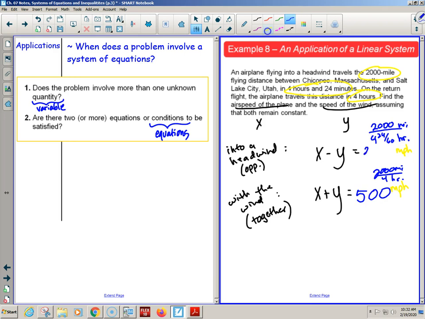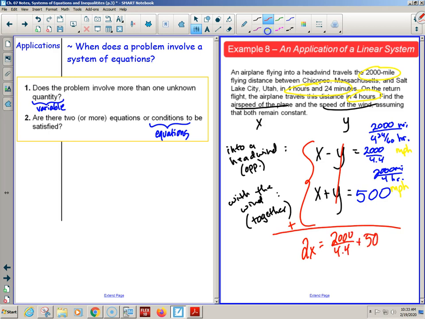That's okay. Well, let's do 2,000 divided by 4.4. What's the point? What do we now have? A system of equations, and can't you just add them? So we have our 2x is equal to 2,000 divided by 4.4 plus 500.